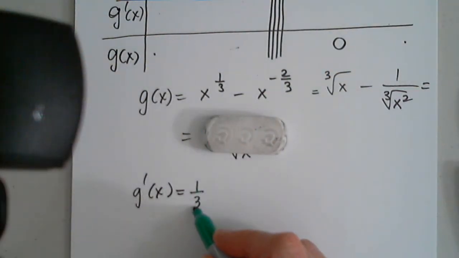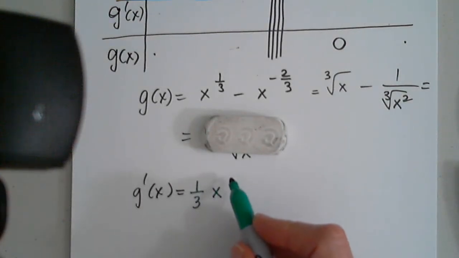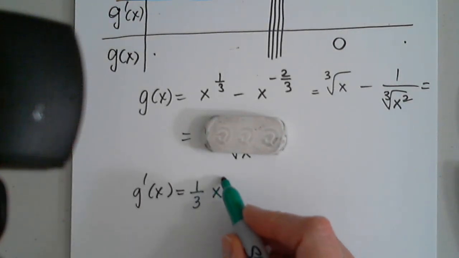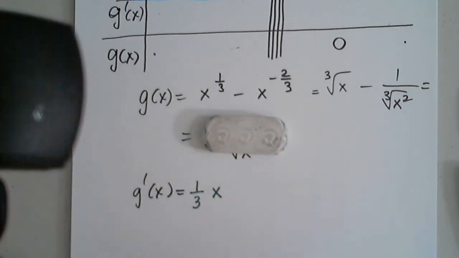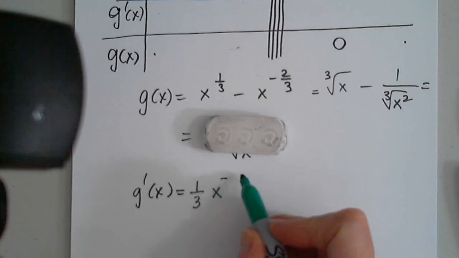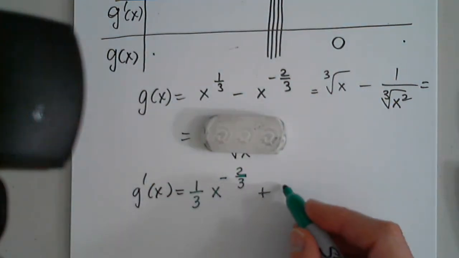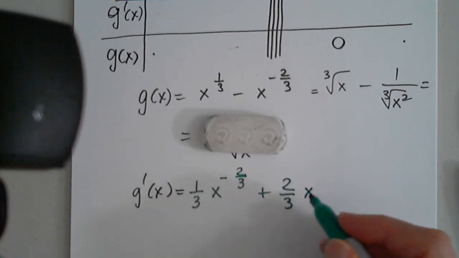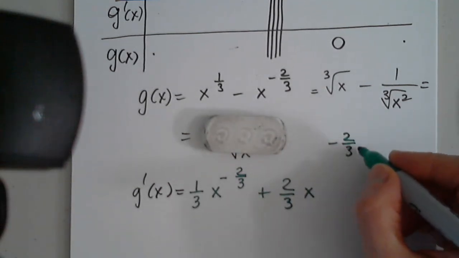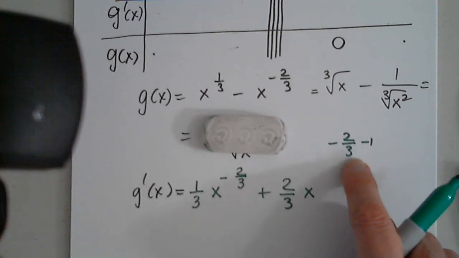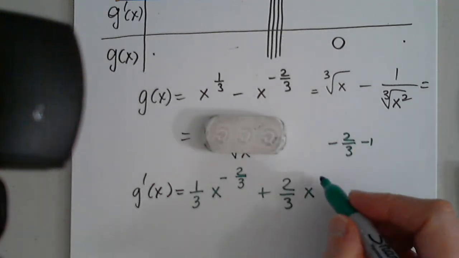Okay, 1/3 x to 1/3 minus 1, which is minus 2/3. Yep. We bring this down, which is plus, and x to negative 2/3 minus 1. Remember, 3 times 1. That's negative 5/3.